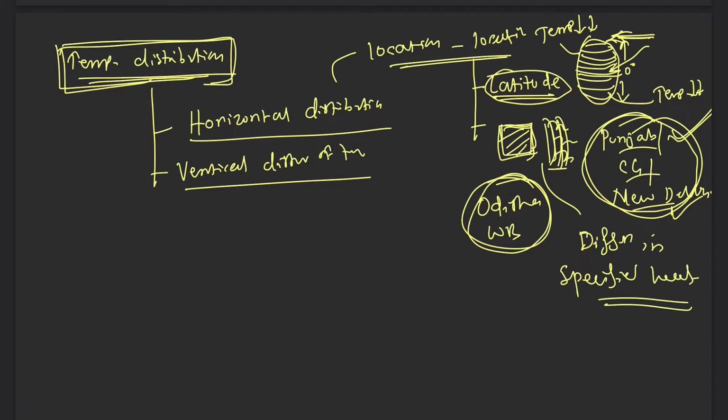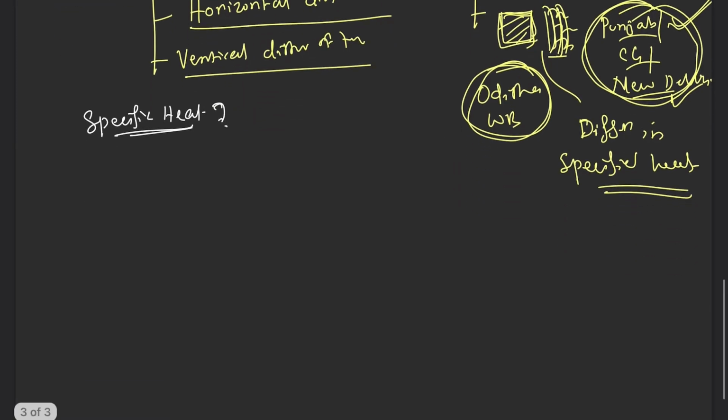What is specific heat? That is the heat, or the calories, required to increase the temperature of 1 gram of a substance by 1 degree Celsius. That is known as specific heat, and it varies from object to object.